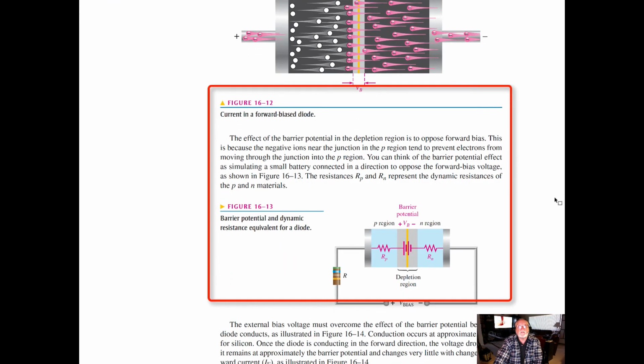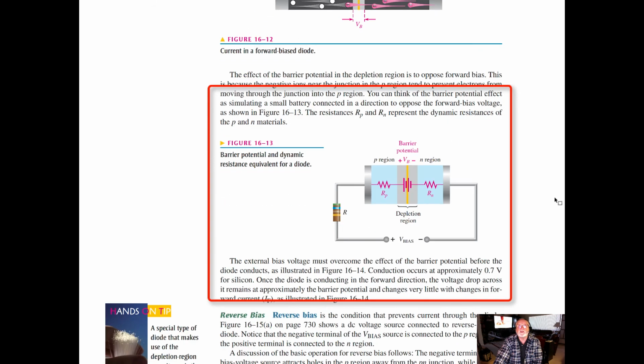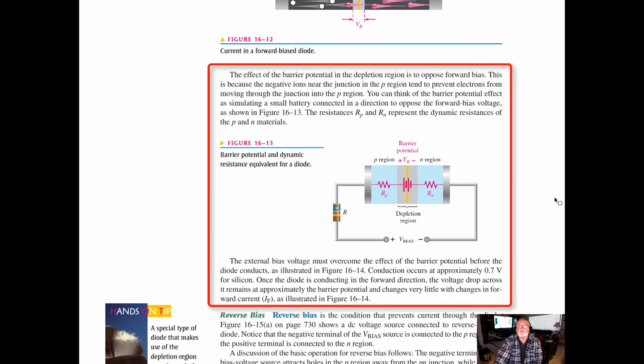The effect of the barrier potential in the depletion region then is to oppose the forward bias. This is because the negative ions near the junction of the P region tend to prevent electrons from moving through the junction into the P region. You can think of the barrier potential effect as simulating a small battery connected in the direction to oppose the forward bias voltage.